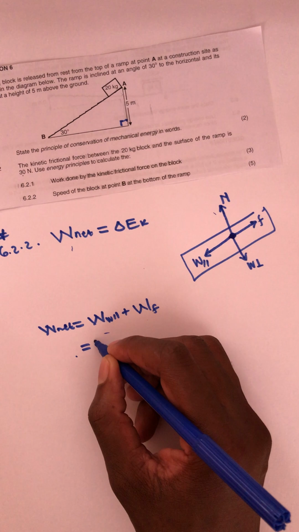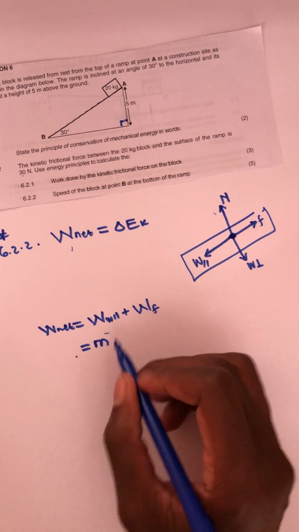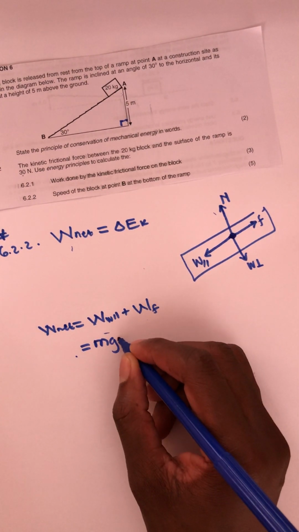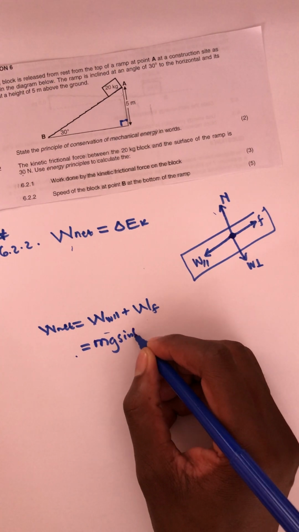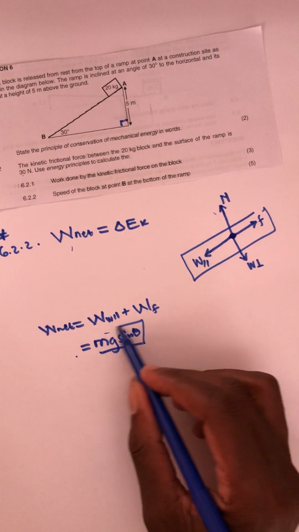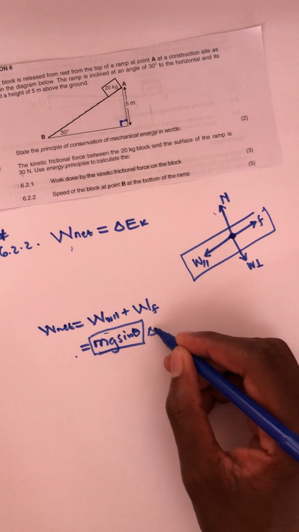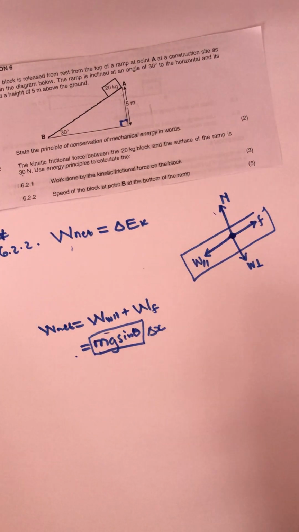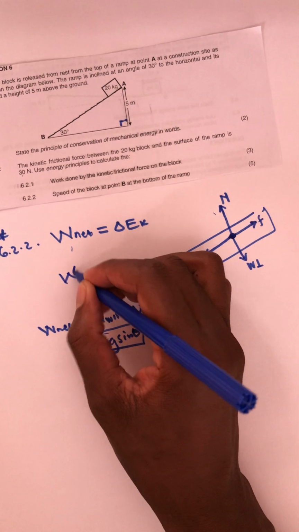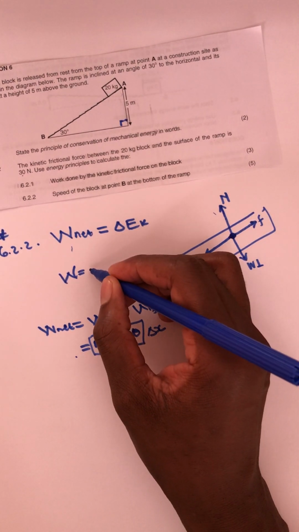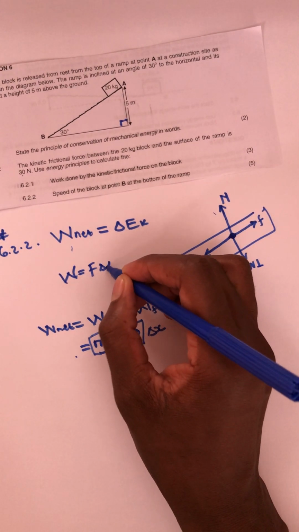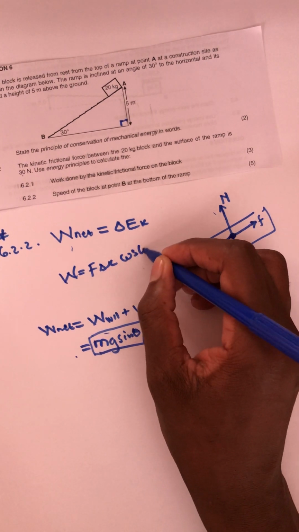So now what is the work done by weight parallel? We know that weight parallel is equal to mg sine theta. This is the force. Now the change in x is from the formula. Remember, the formula is work is equal to force times change in x times cos theta.